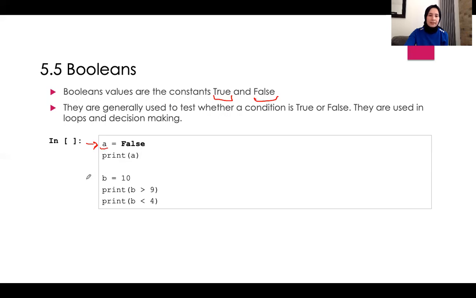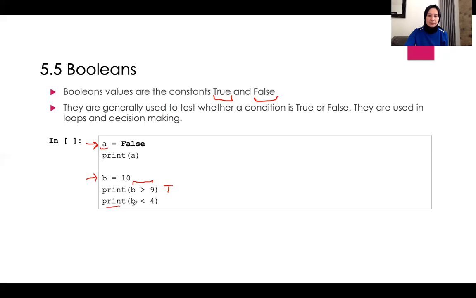false for us. And we have another example here, b equals 10, and we have some checks here. When we say this, it means 10 greater than 9. Is that true? Yes, this is true. Then it will print true. And we have another example here.